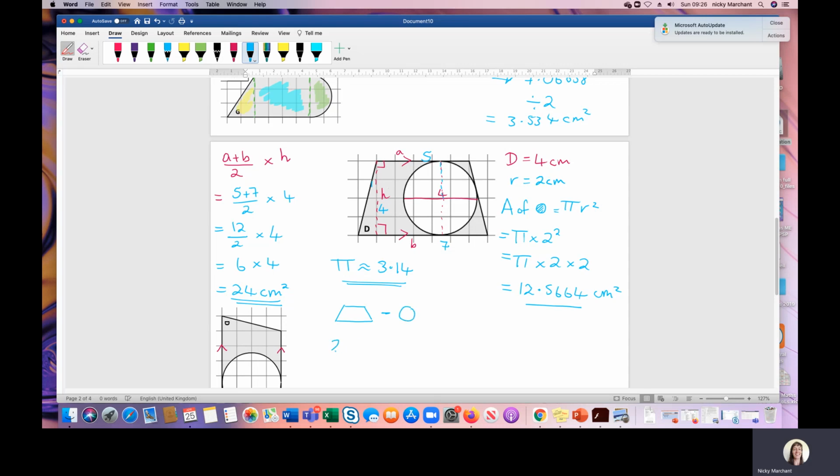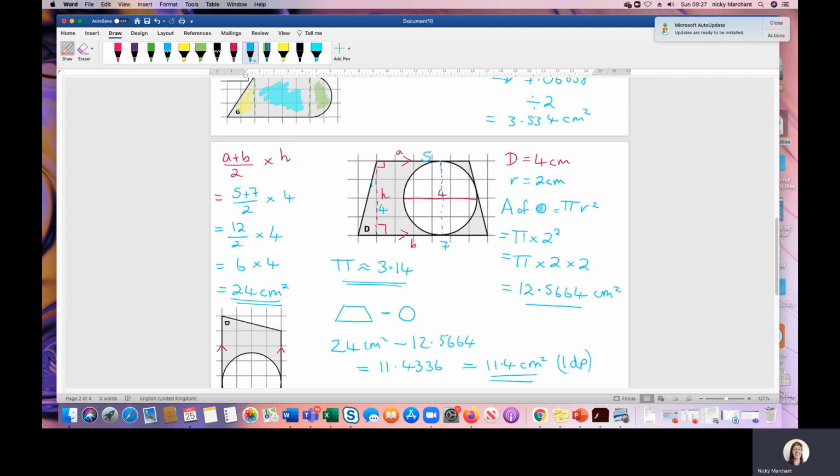All right, so 24 centimetres squared, subtract 12.5664, and in your calculator you get 11.4336, and if that's to 1 decimal place, that would be 11.4 centimetres squared, don't forget on the end, and that's to 1 decimal place. Okay, that's your final answer for this question.